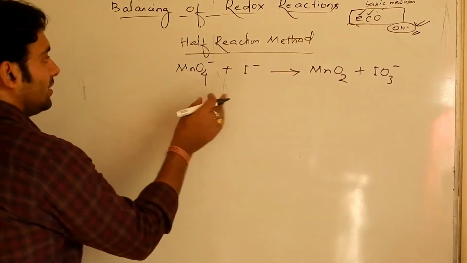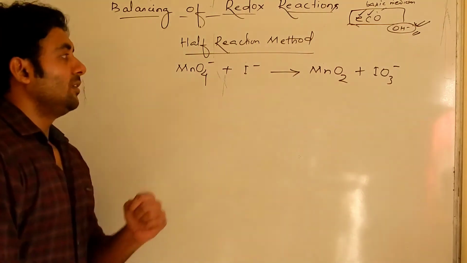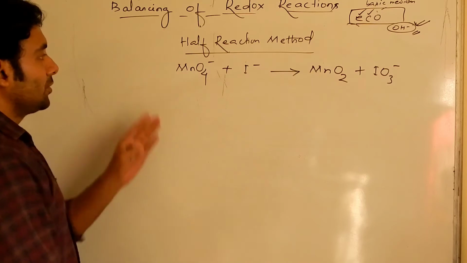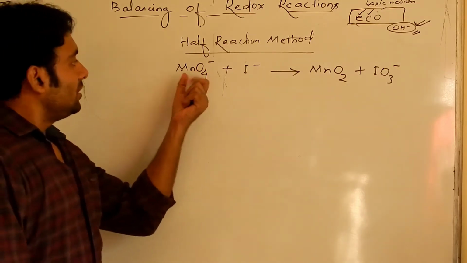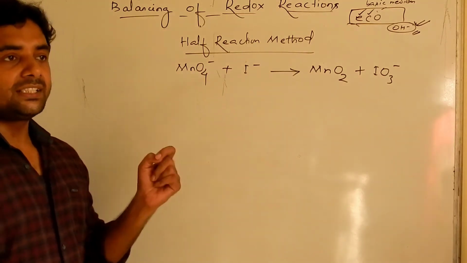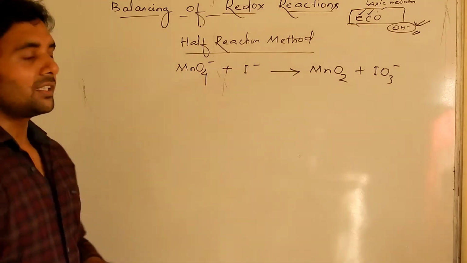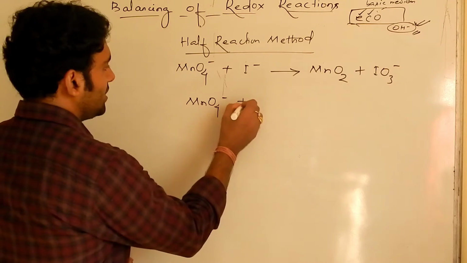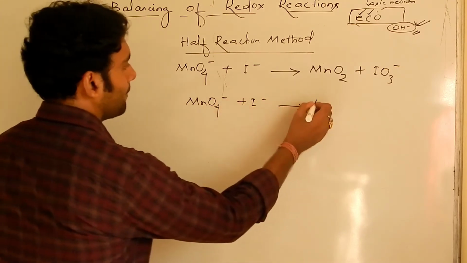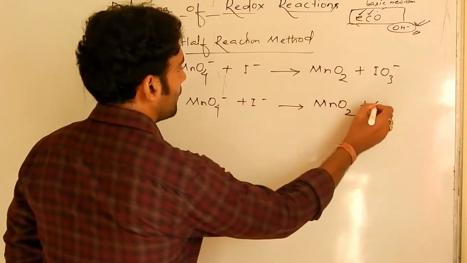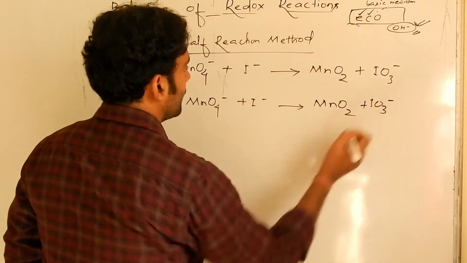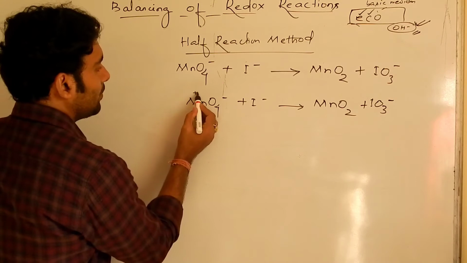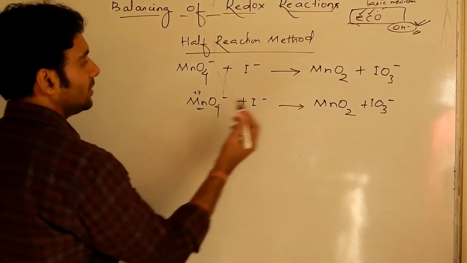The first step for this equation is to identify the substance which is oxidized and the substance which is reduced. We can do that by knowing the oxidation number of each element involved in this reaction. So let us write the oxidation number of each species. Here manganese is in +7 oxidation state.